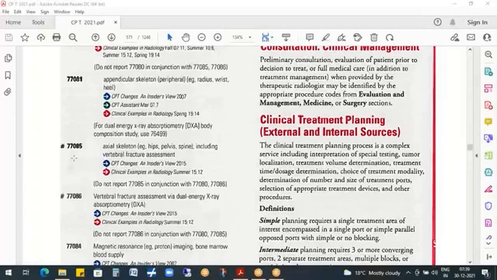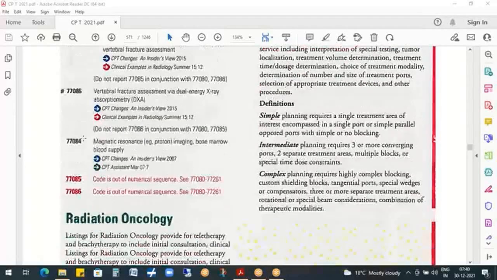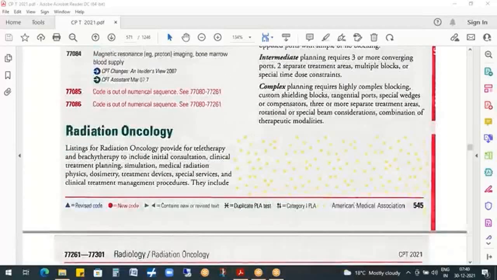But what code are we getting here? 77085. That means this code is out of numerical sequence. You can see the symbols here. That is a resequenced code. Generally, you will go directly to the code description to see the code is out of numerical sequence.